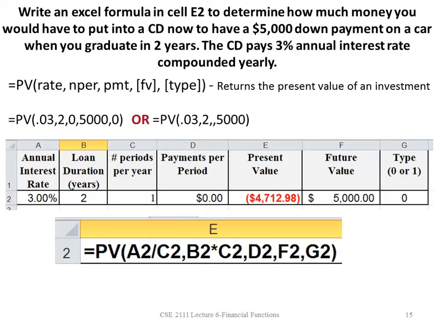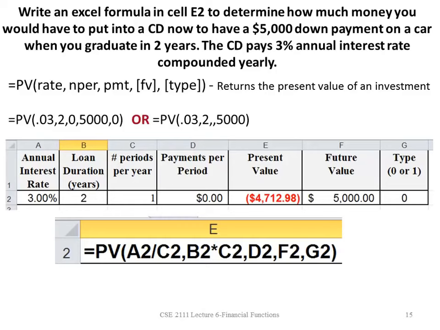The interest rate is 3%. We always divide the interest rate by the number of compounding periods, which in this case is 1, so I didn't put it there. The NPER, the number of periods, is 2 years, and it should always be multiplied by the number of compounding periods, but that's a 1, so I didn't put it there. The payment, we're not putting anything else into that CD, so it's 0. $5,000 is the future value, what we want to obtain at the end, and then the type is 0.